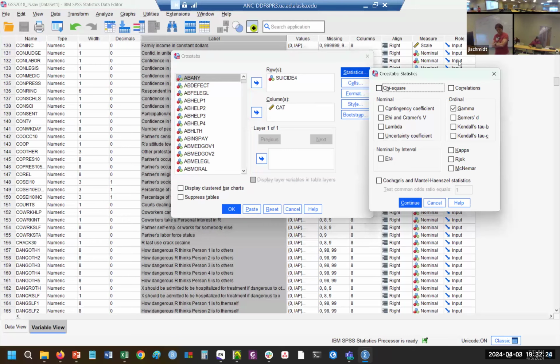Or would it be more plan? What's the question you have to answer in order to decide which measure of association you're going to use? There are two questions. One is which is the independent and which is the dependent. The second question you need to answer is, is it nominal or ordinal?